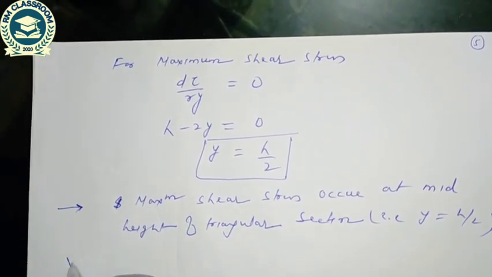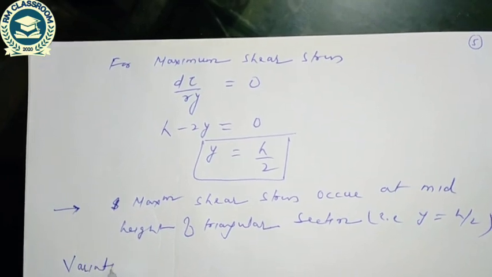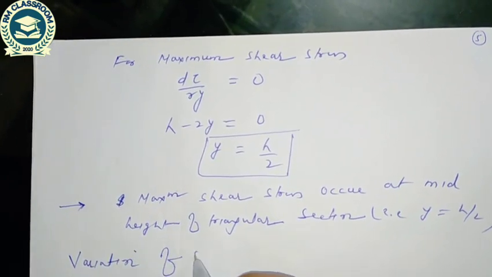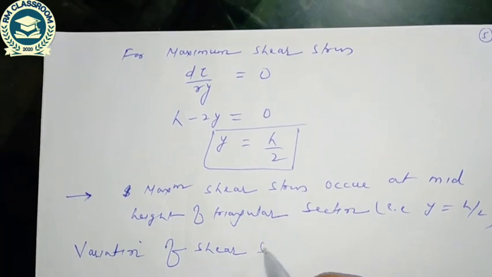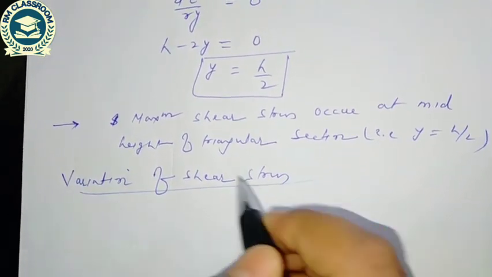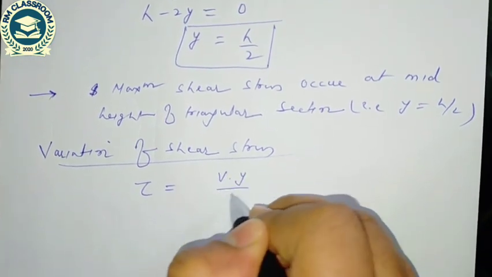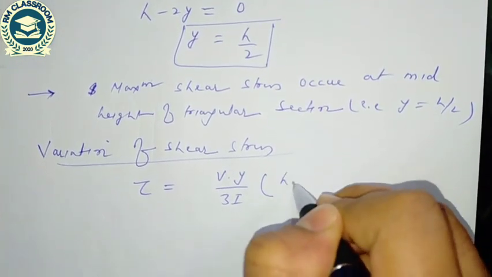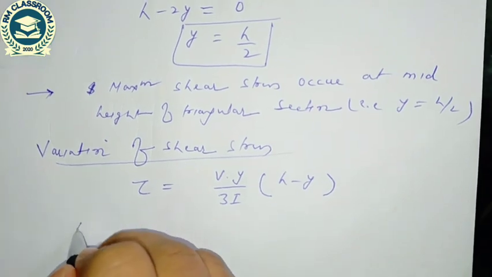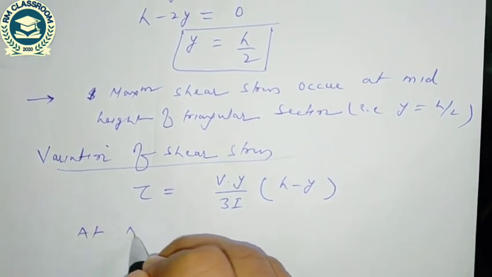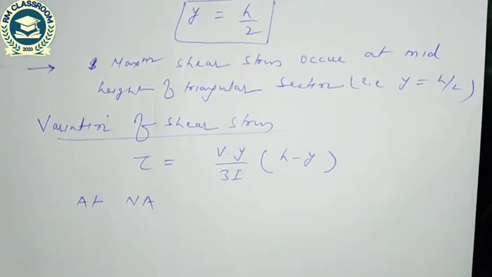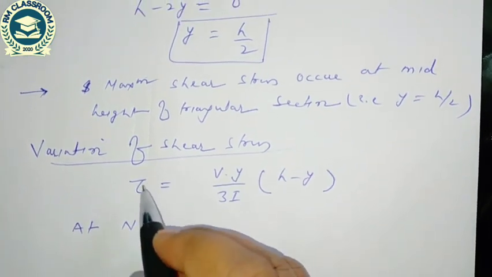So variation of shear stress: the shear stress is V into y by 3I into (h minus y). At the neutral axis, we want to compute the expression of shear stress.